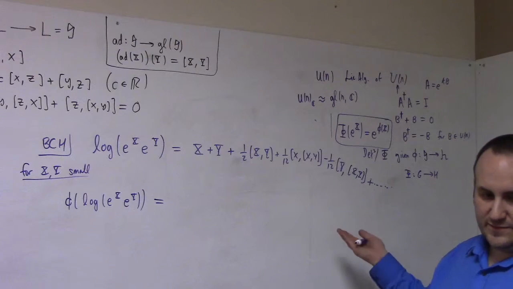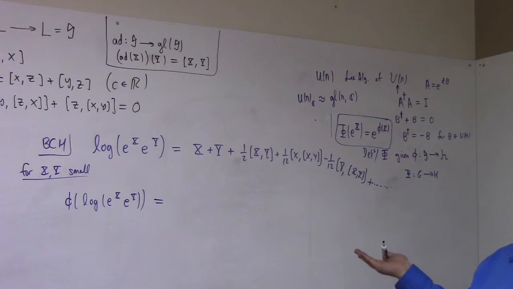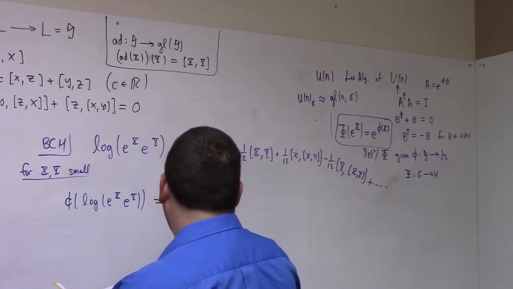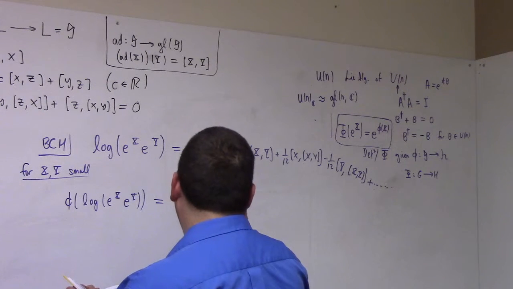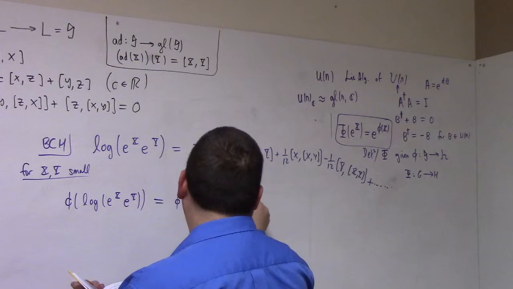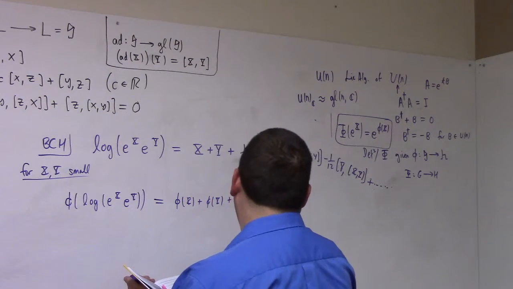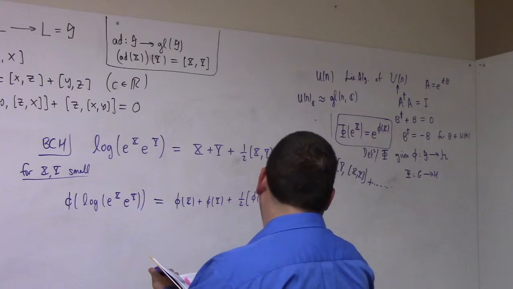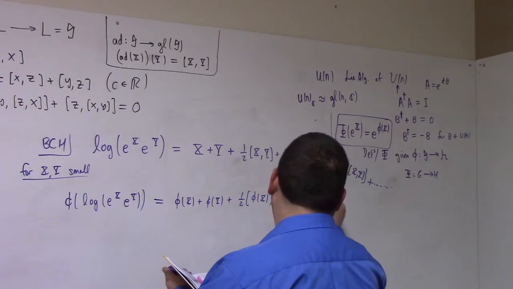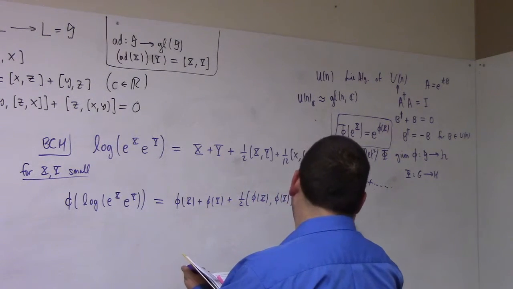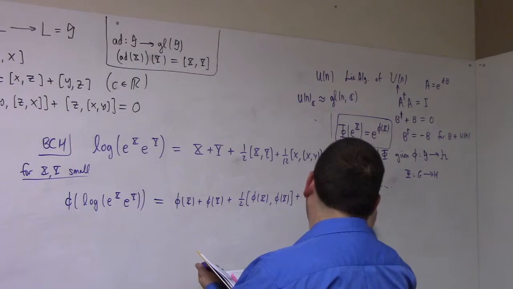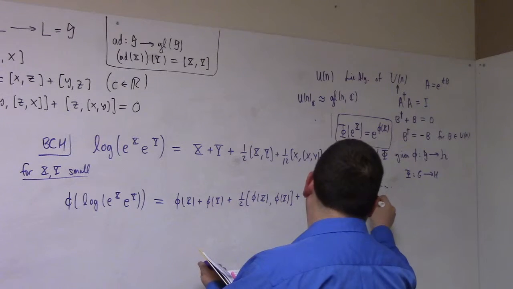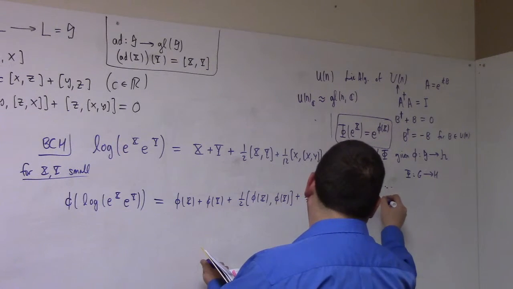So it's linear and it preserves the bracket, right? So basically, you've got phi of x plus phi of y plus 1/2 bracket of phi of x, phi of y plus 1/12 bracket of phi of x, bracket of phi of x, phi of y, and the other 1/12 term, which I'm not writing.